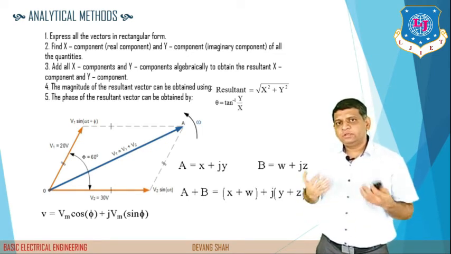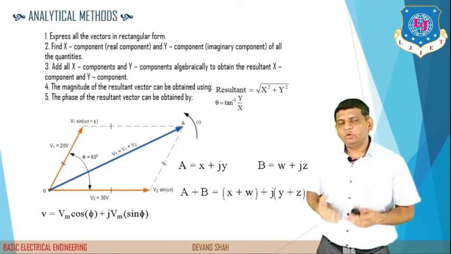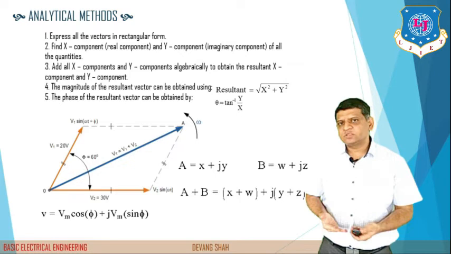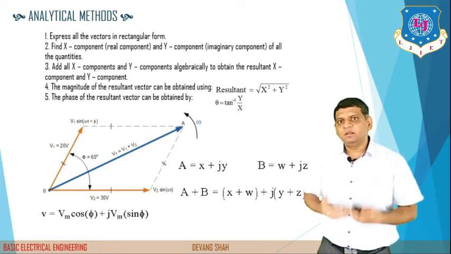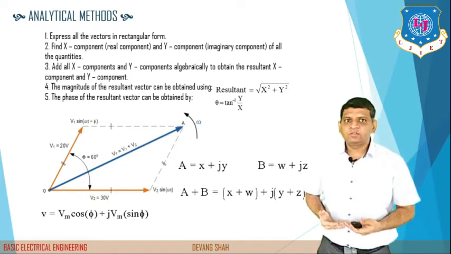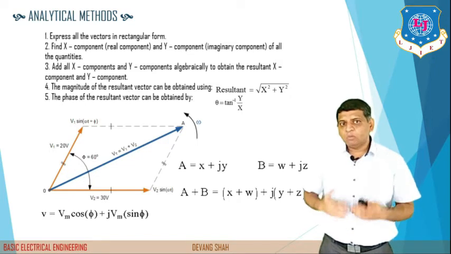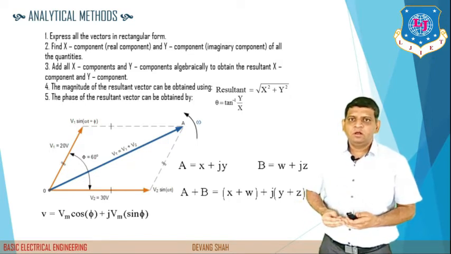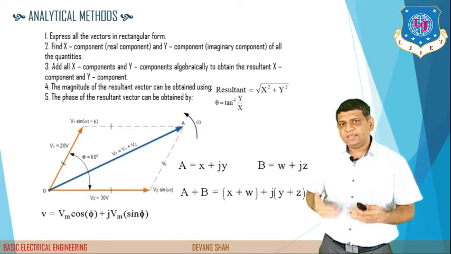Now taking the resultant vector, the resultant value is equal to under root x square plus y square, and the resultant angle theta is equal to tan inverse y by x. By this method you can find analytical values of any AC vectors or any AC quantities.